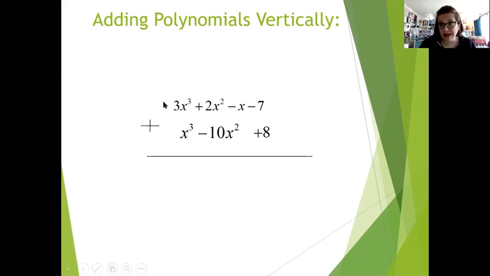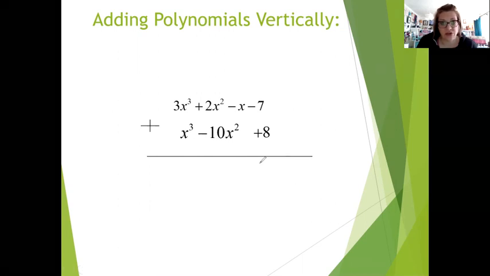So much like adding, when I have them vertically, if I'm adding something by hand, I start on the right and I just move to the left and work my way through this problem. Okay, so I'm going to start on the right side and I'm going to move left. I'm going to look at this -7 and add it to this +8. I think that I can draw on here.